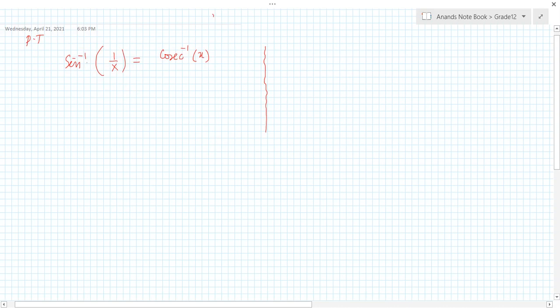So here you have sine inverse of 1 by x. Let sine inverse of 1 by x equal to theta. Then sine theta is equal to 1 by x.